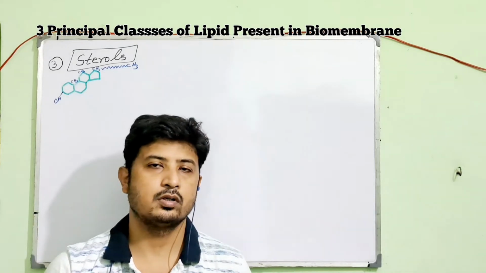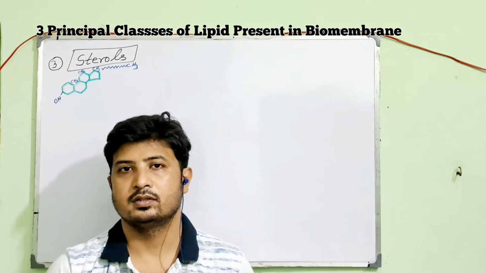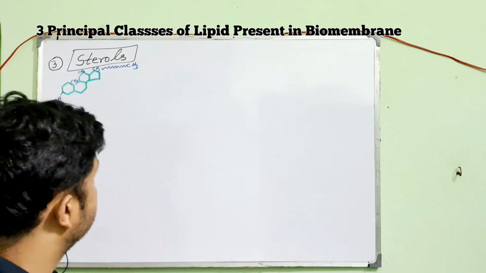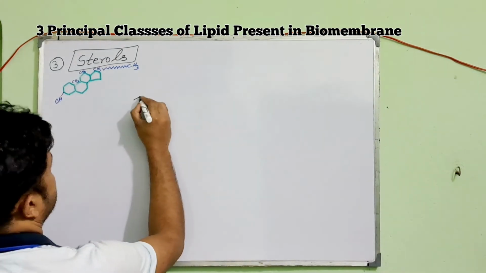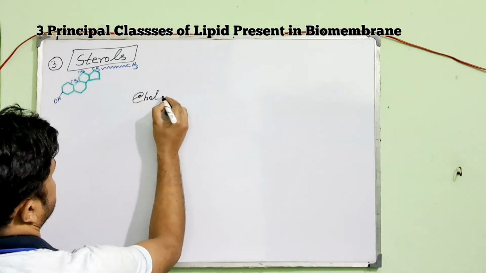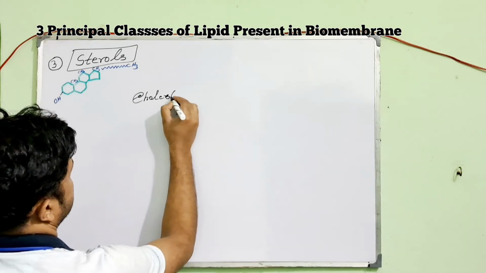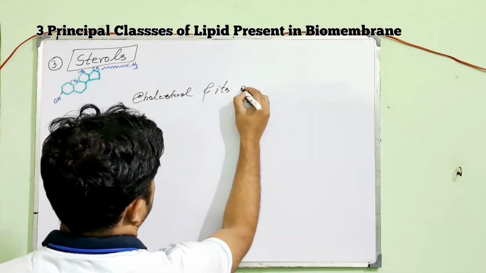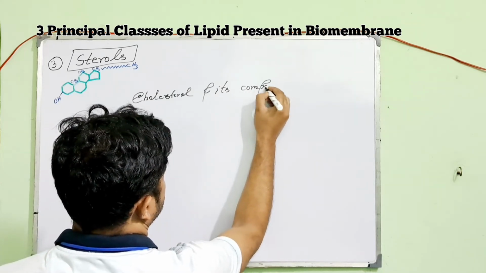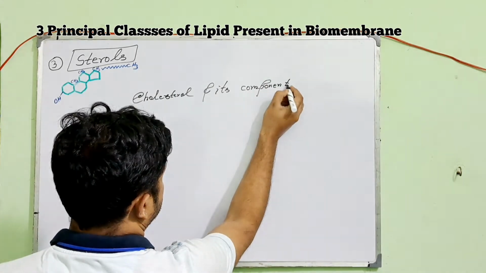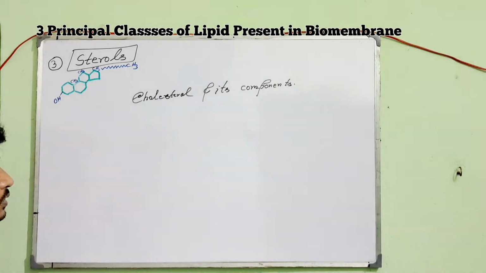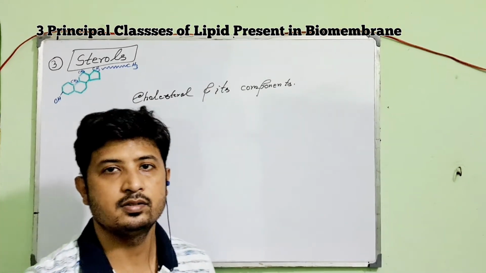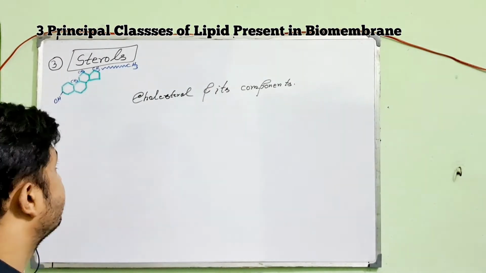Sterols are a very important component of biomembranes. This is made up of cholesterol and its components. Sterols have a four-membered ring structure, as you can see.